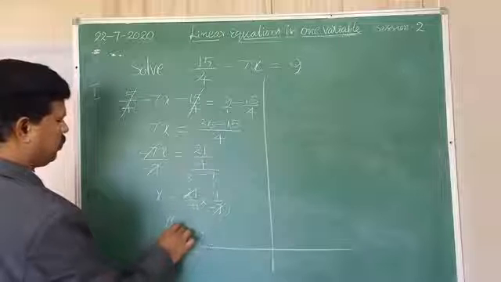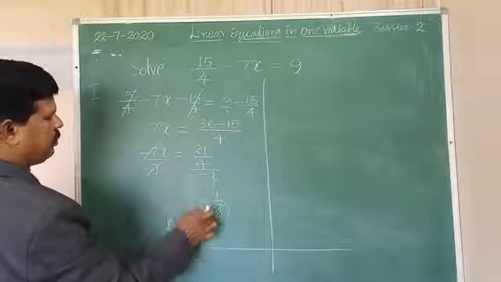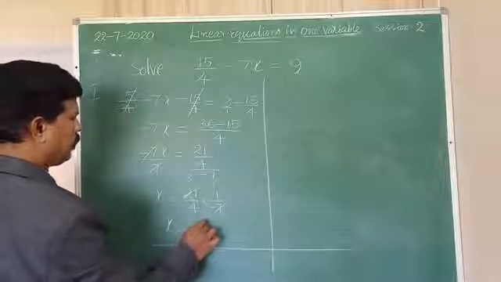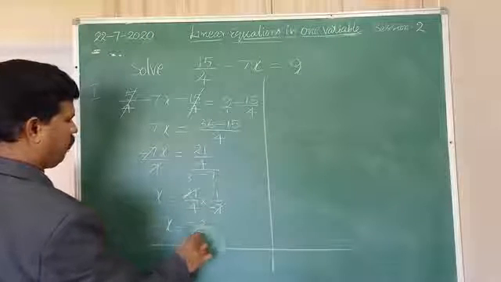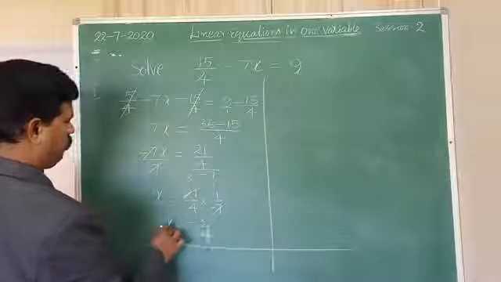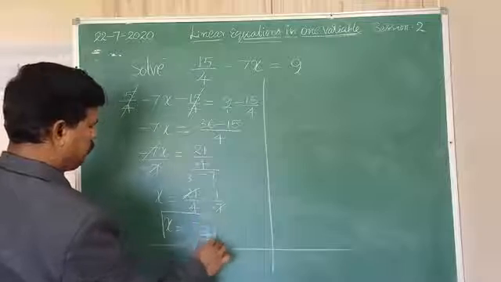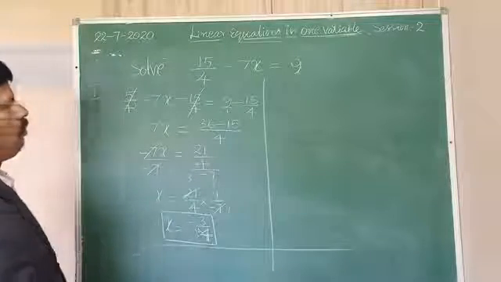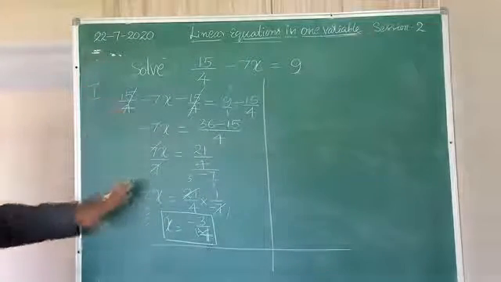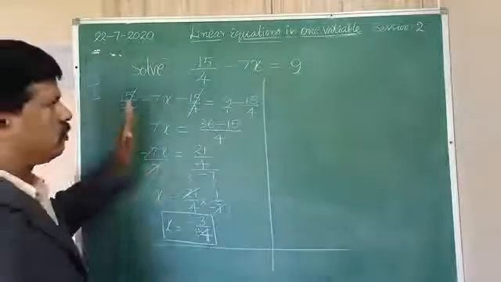So, on dividing plus by minus, x is equal to minus 3 by 4. This is one method. Clear?